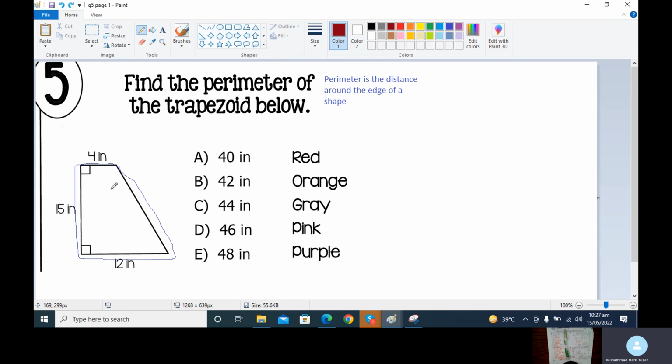Clear? So for finding the perimeter, just add all of these values. You have 15 inch here, 12 inch here, and you have 4 here. And we don't know this.